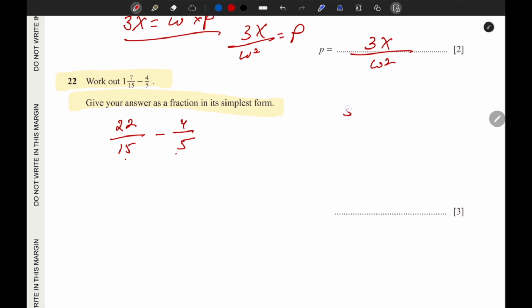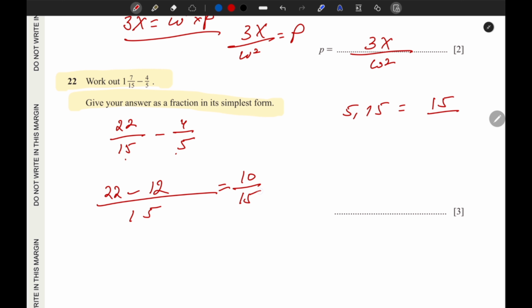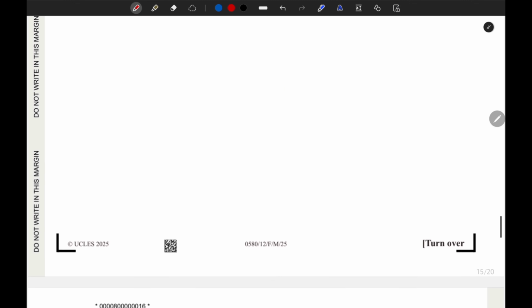We have to take the LCM of 5 and 15, so that is 15 only. This goes 1 times 22, minus this goes 3 times, so 4 3s are 12. So 22 minus 12 is basically 10. 10 by 15, we can cancel it with 5. 5 2s are 10, 5 3s are 15. So 2 by 3 will be the answer.